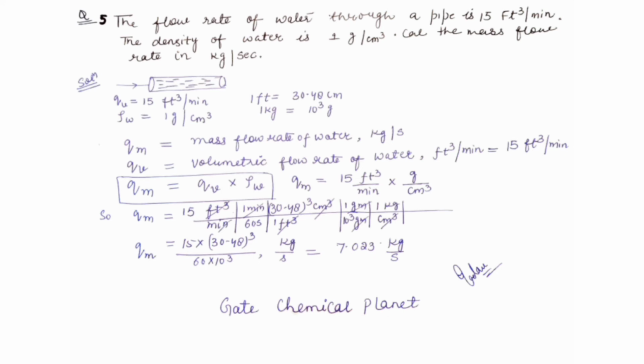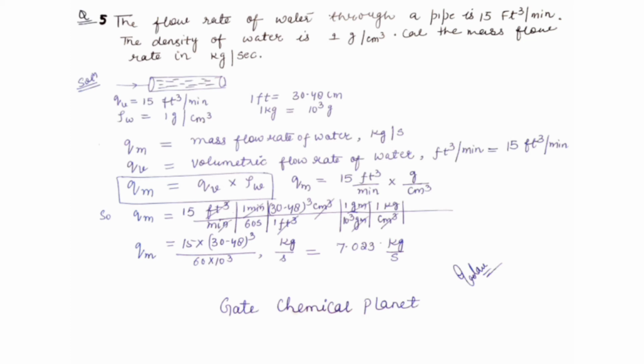In question number 5, it is given the flow rate of water through a pipe is 15 feet cube per minute. The density of water is 1 gram per centimeter cube. Calculate the mass flow rate in kilograms per second.